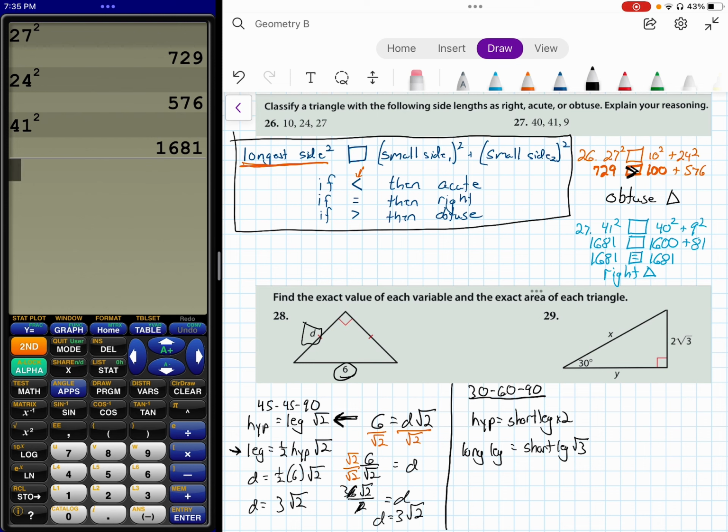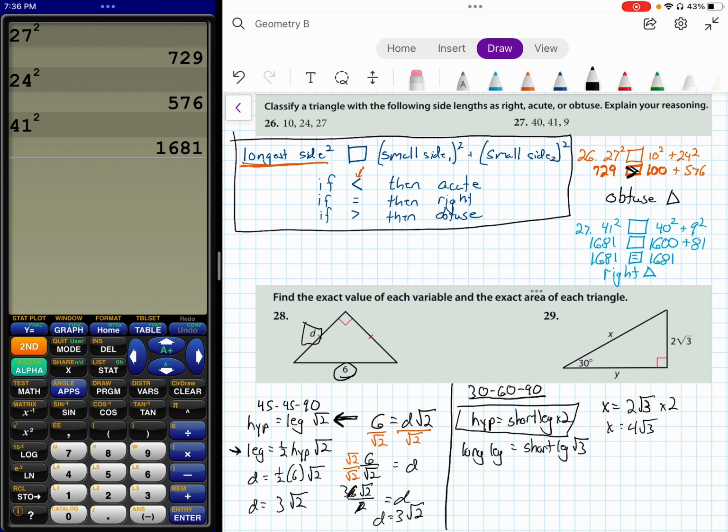And so in this one, to find x, that's the hypotenuse. So the hypotenuse, we'll use this formula right here, is simply equal to the short leg, 2 times the square root of 3, times 2, which gives us 4 times the square root of 3.